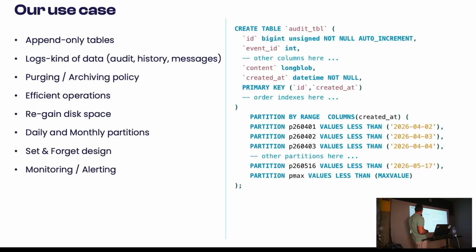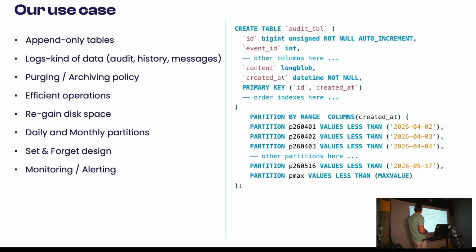And for some situations, we wanted to regain disk space because we were running low on disk space on those environments. Companies cannot provide the amount of disk space that you wish to have, but you are limited on that. So you need to provide a solution to keep the system alive with the disk space that you have.